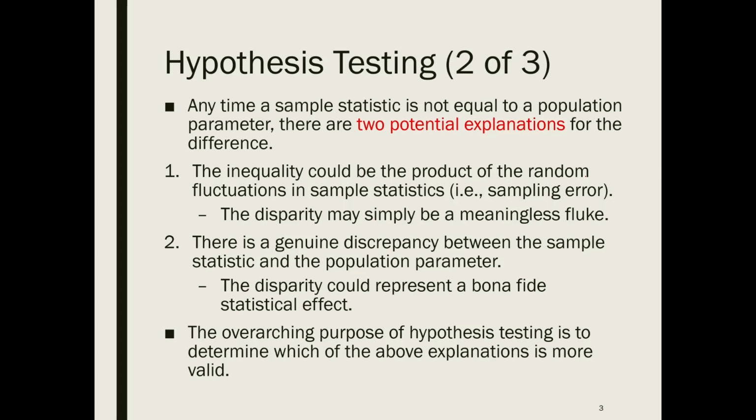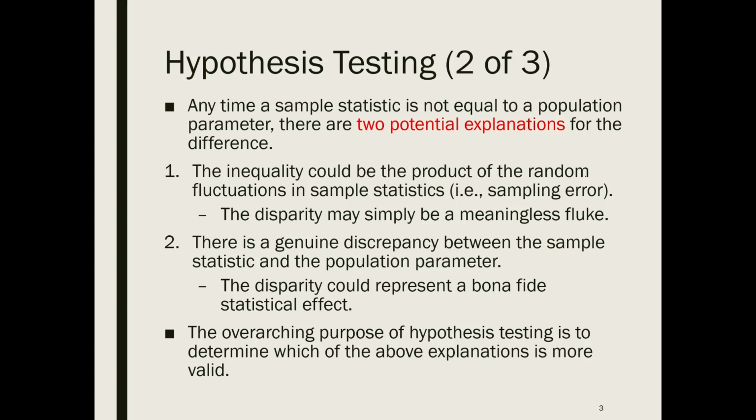Now actually there is a third way to explain, but this is not often mentioned, because the third explanation is that the researcher did something wrong or did something that they were not supposed to do. So we don't really talk about it because it's wrong behavior in doing research. So we're talking about the two most likely potential explanations, if the researcher follows the procedure.